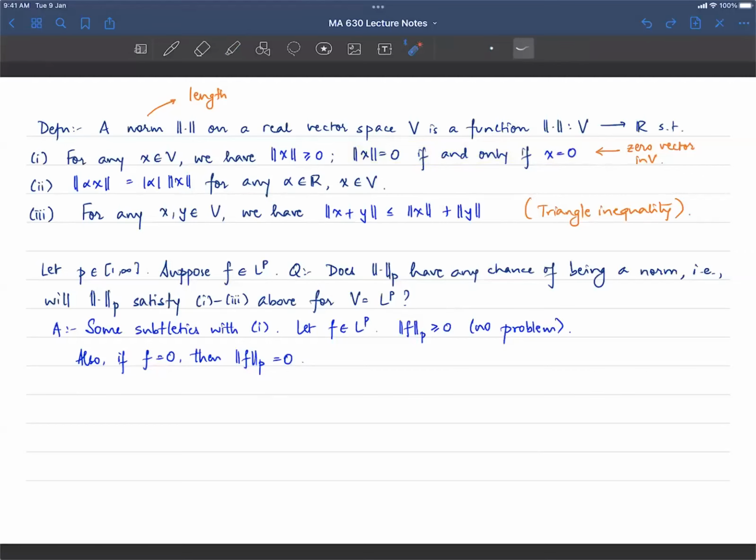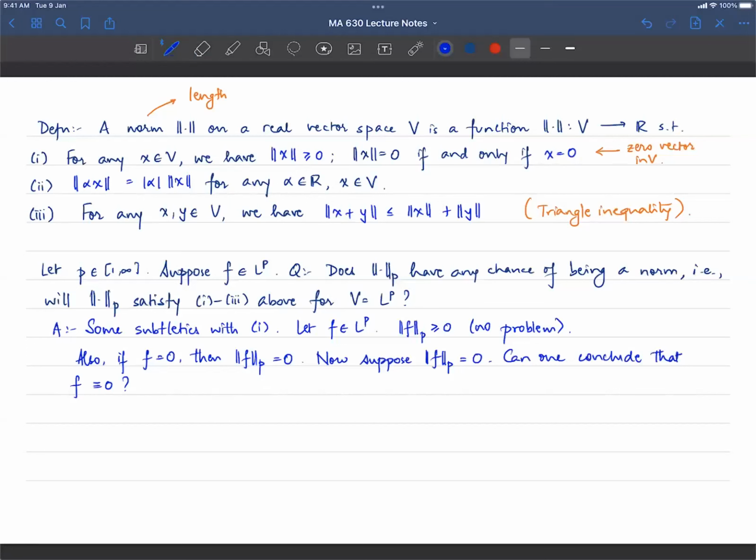Okay. Now suppose this symbol is 0. Can one infer, can one conclude that f is identically 0?